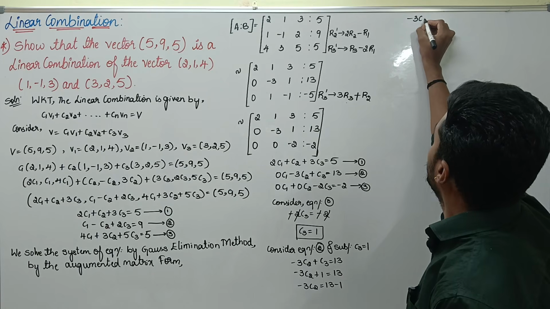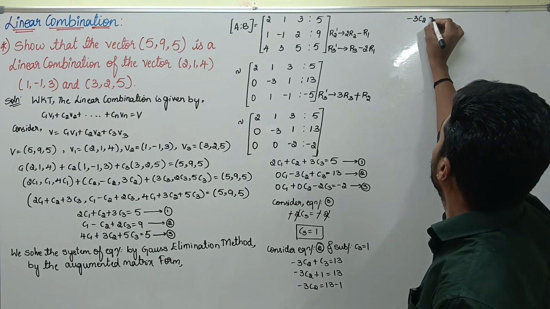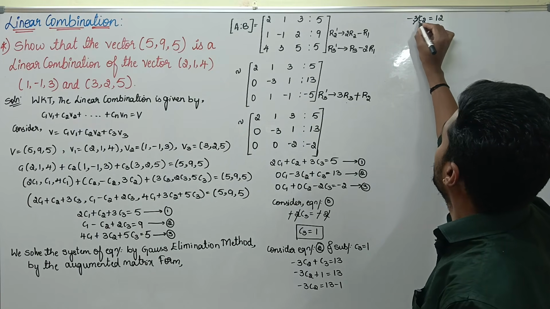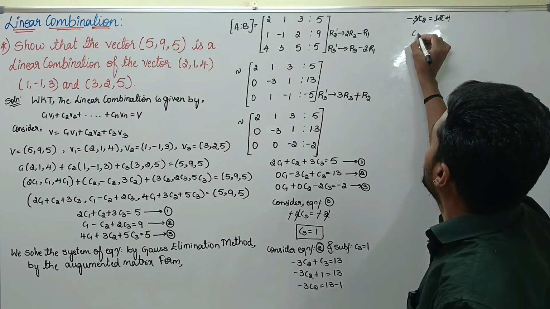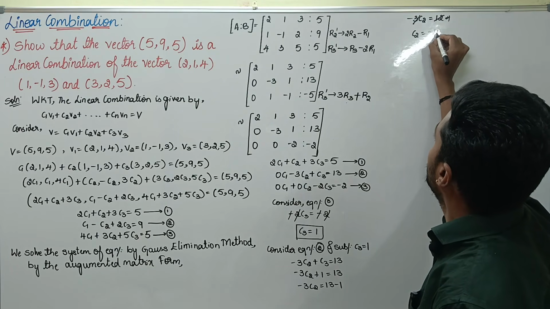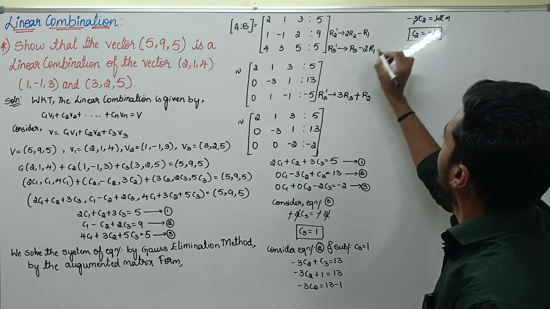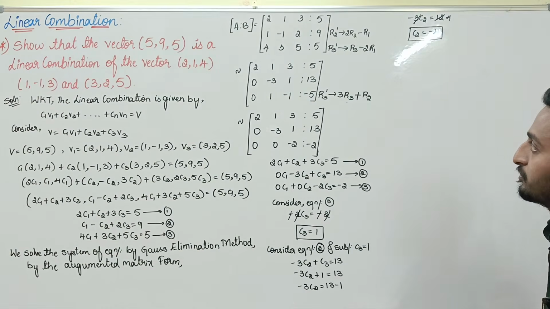Minus 3C2 equal to 12. 3 fours are 12. Next, C2 is equal to minus 4. C2 is minus 4.